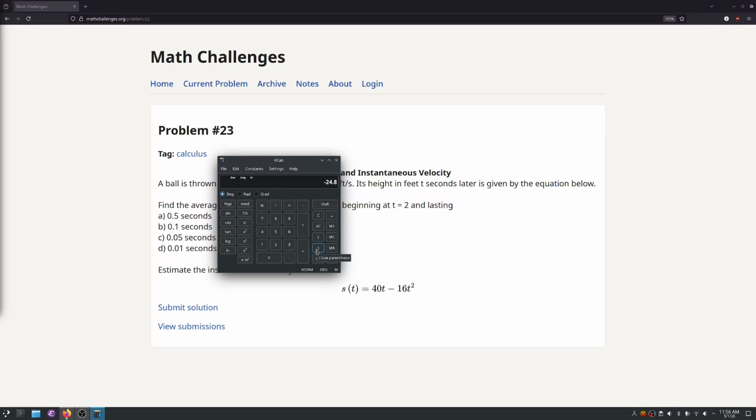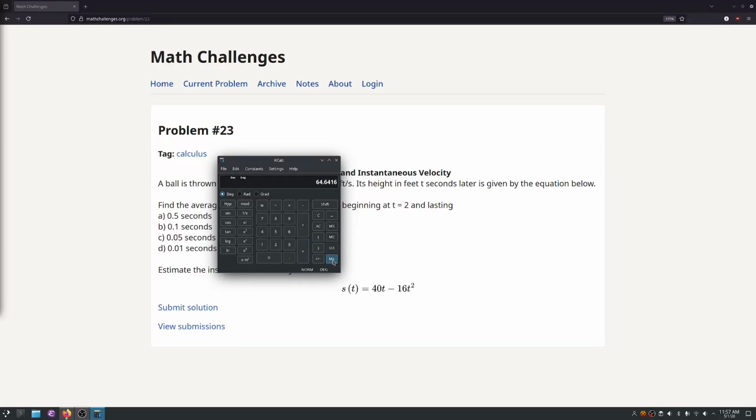And then the last part, we've got a delta t of 0.01. That's like 1/100th of a step. So maybe I won't write it all down this time, but you're going to take 2.01 and square it and multiply this by 16. 2.01 squared times 16. Yeah, that's right. Good.